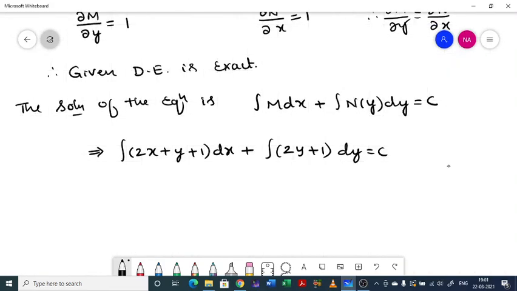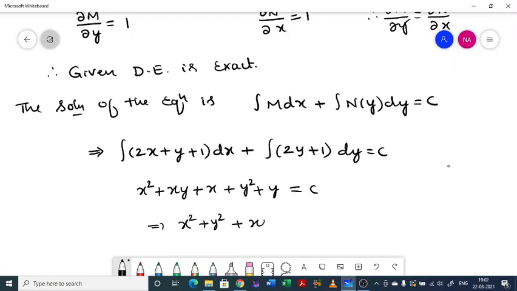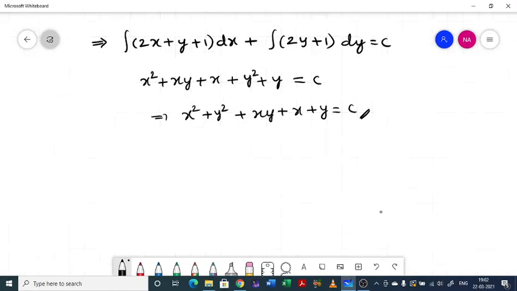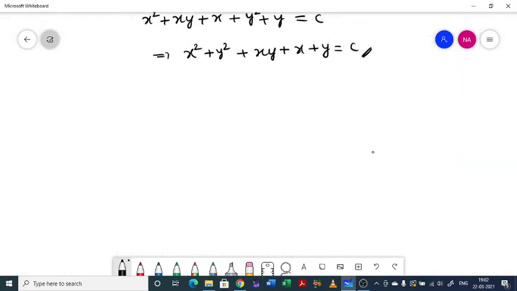Integrating this, the integral of 2x will be x square plus xy plus x. Similarly here y square plus y equal to c. So x square plus y square plus xy plus x plus y equal to c. This is the required answer. That is about the first problem. Next, problem B, let us look into this.